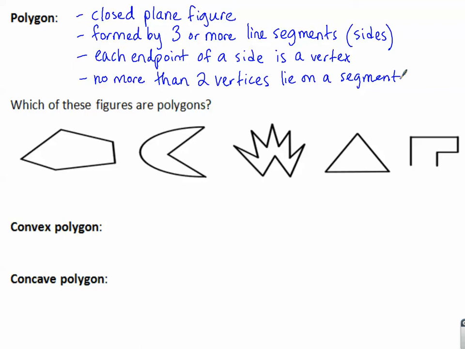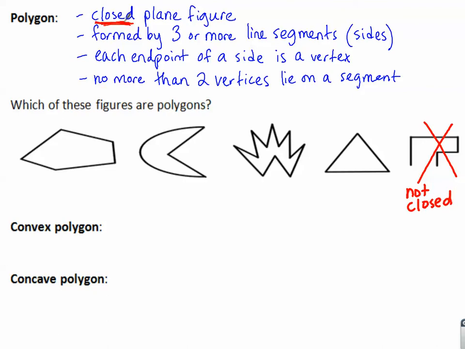So some shortcut things to think about as we look for which of these figures are polygons. Closed plane figures. So closed. Which one of these is not closed? This last one is not closed. So this one is not a polygon because it is not closed. What else?